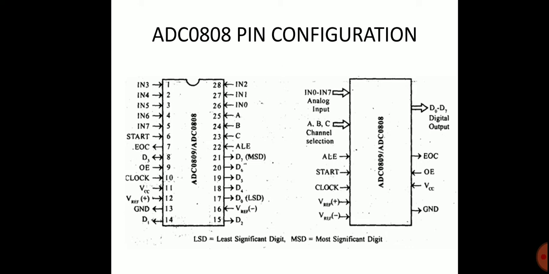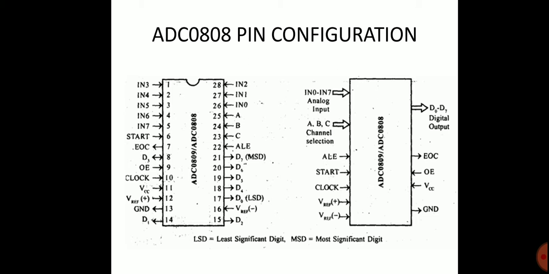Now this is the ADC 0808 pin configuration. LSB is the least significant bit and MSB is the most significant bit. The ADC 0808 or 0809 has a 28 pin configuration. There are analog input pins for channels 0 to 7, and the start, EOC, and clock functions.